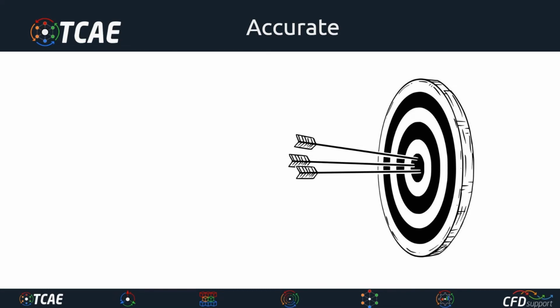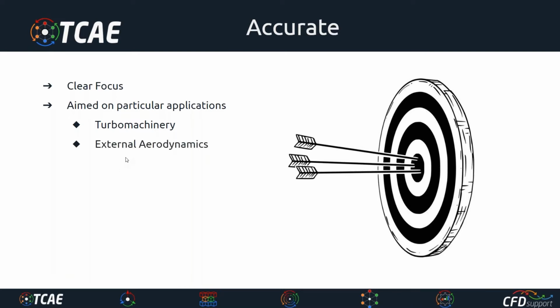TCAE is very accurate. Like I mentioned, it's definitely not a general purpose code. It has a clear focus. It's always aimed at particular applications and particular simulations, which allows TCAE to be accurate. The best field, proven for years, is turbomachinery simulations. It's also perfect for external aerodynamics. It's a focused code.